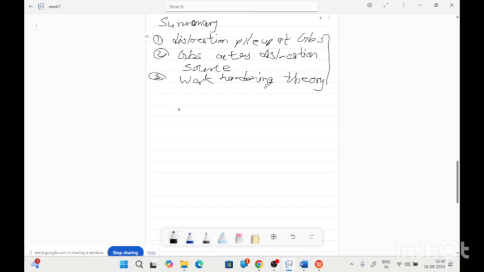By refining the grain size, the fracture strength of the material can also be improved.